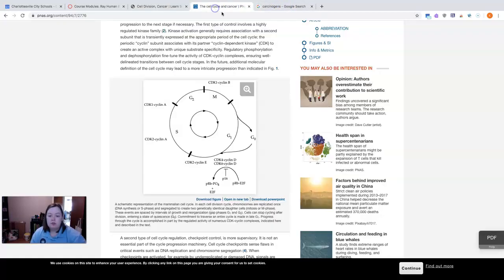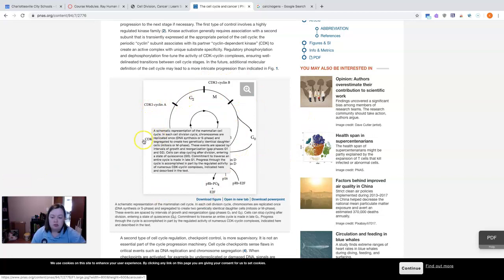So if we flip over here to the cell cycle, typically the cell cycle goes through this process where the cell is going to grow, the DNA will be copied, the cell will grow a little bit more before it actually divides. However, sometimes something happens that prevents this normal process from happening. Throughout the whole cell cycle, there are checkpoints, and that's what these are here.